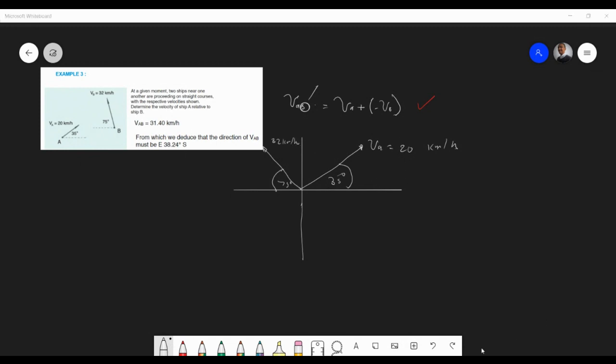Bian, how do you think we're going to find the velocity of A relative to B? What have you been doing the whole time? So start with components. Well done. I'm expecting 80% from this man.